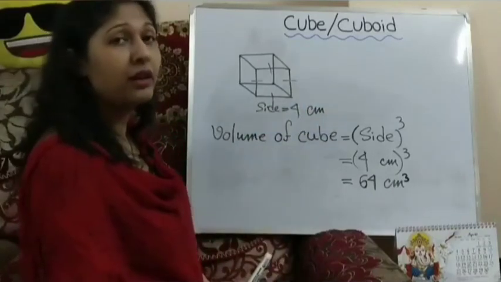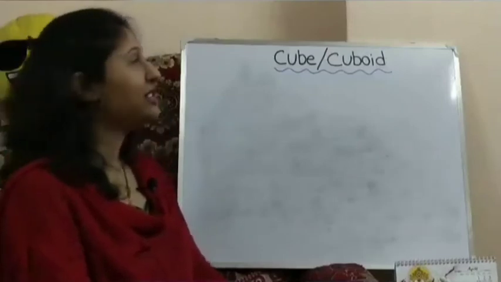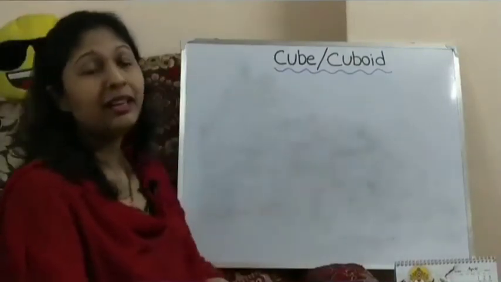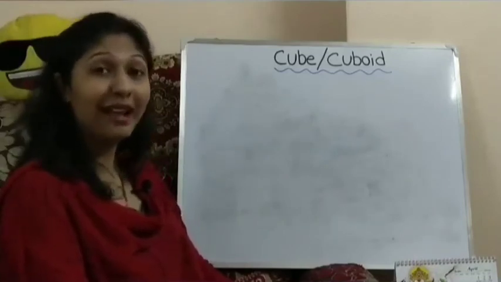Okay. So now I will show you cuboid, how we will find out the volume of cuboid. Now I will discuss about cuboid. Cuboid means where basic shape is like rectangular.